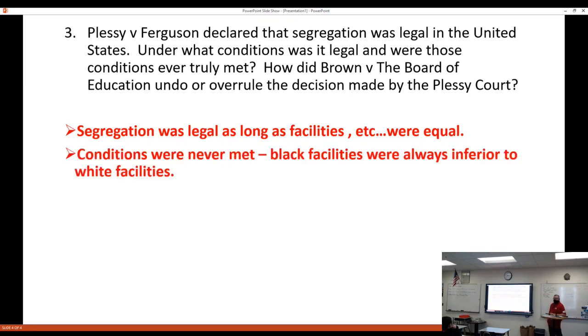But it never was. Those conditions were never truly met. Black facilities were always inferior to white facilities. And by implication, what did that mean? That meant that black people were inferior to white people. Now, is that true? No. But I'm convinced you tell people something long enough, they'll believe it.